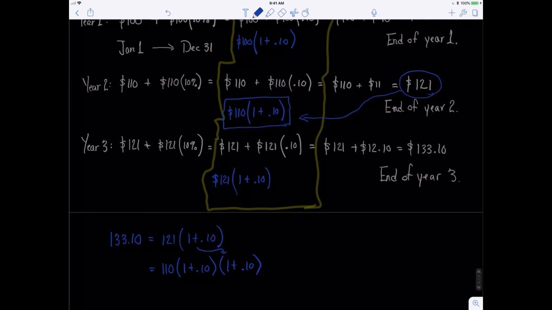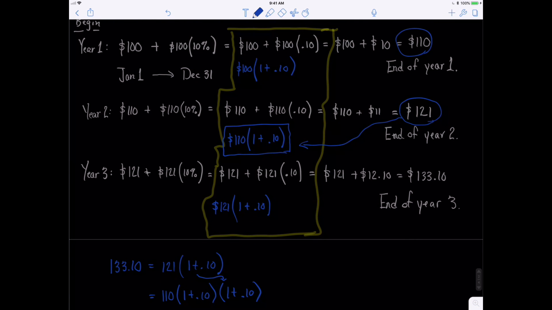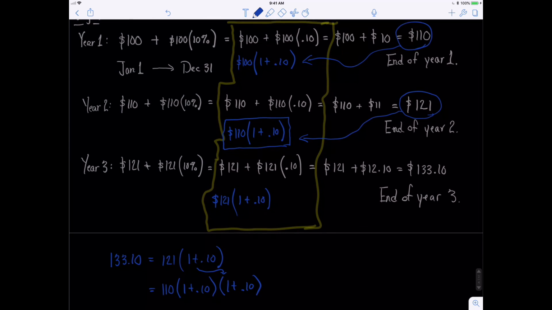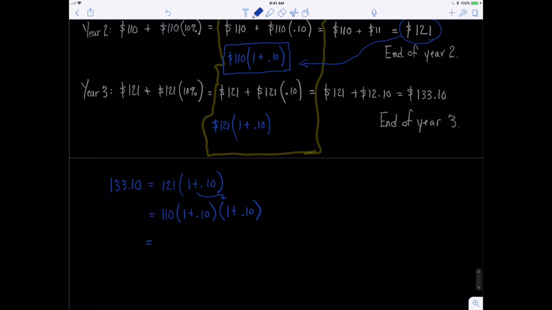Now, notice, oh, look at this. Here's the 110 right here, and that can be written this way as well. So let's substitute that in. So this becomes 100 times 1 plus 0.10 times 1 plus 0.10 times 1 plus 0.10.